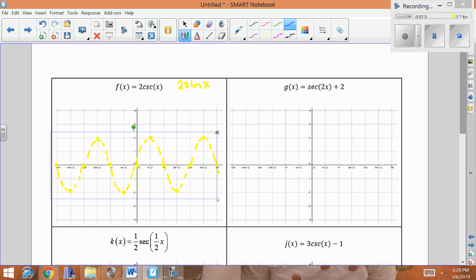Okay, so we've got our regular 2 times the sine of x, but if we want the cosecant, we again think about the reciprocals of them. So here's like the 0, 0s again, all of our zeros going along here. If we take the reciprocal of that, it's going to be our asymptotes.